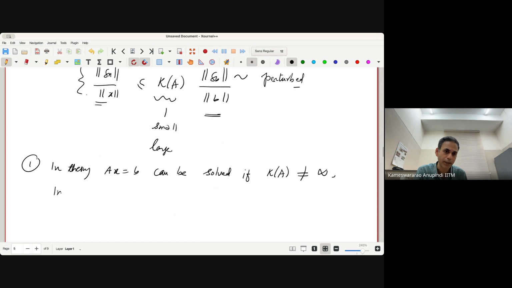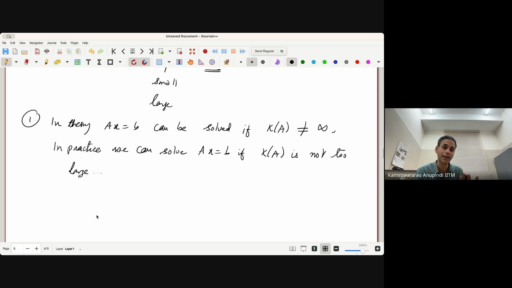However, in practice, we can solve Ax equal to B if Ka is not too large, right? If it is not too large, then only we can solve it correctly, because the solution we obtain from Gaussian elimination or some other method may not be correct if the condition number is very large. Okay, it may be ridden with errors because we're going to lose significant digits while we are proceeding, right?